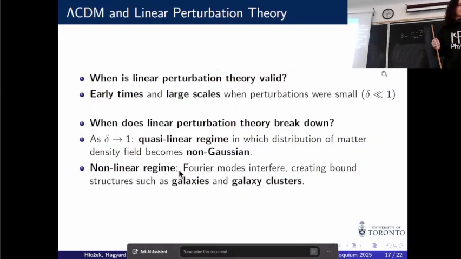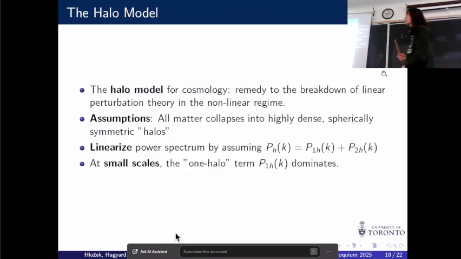A good remedy for that is something called the halo model in cosmology. In order to rectify the breakdown of linear perturbation theory in this nonlinear regime of galaxy cluster formation, you can split the power spectrum into two terms, what's known as the one halo term and the two halo term.